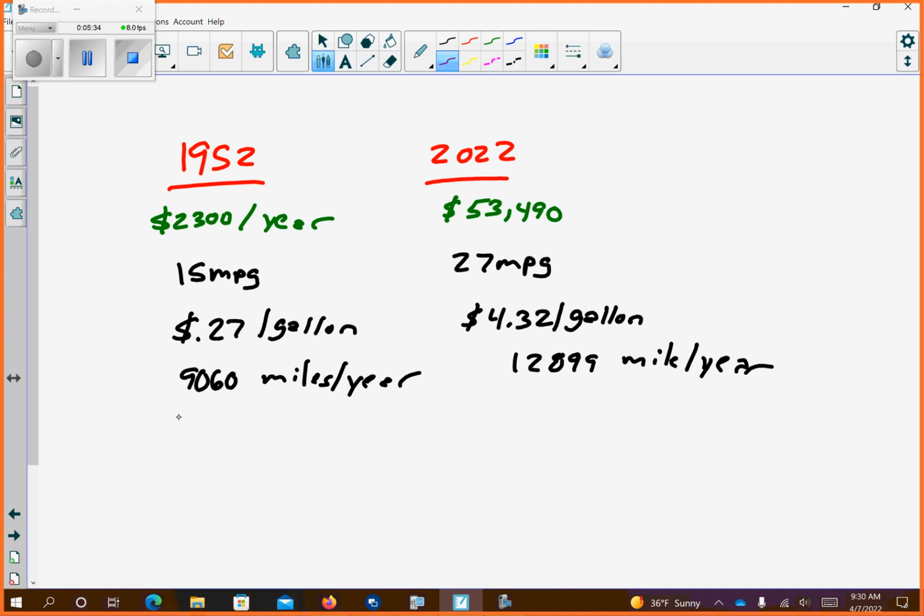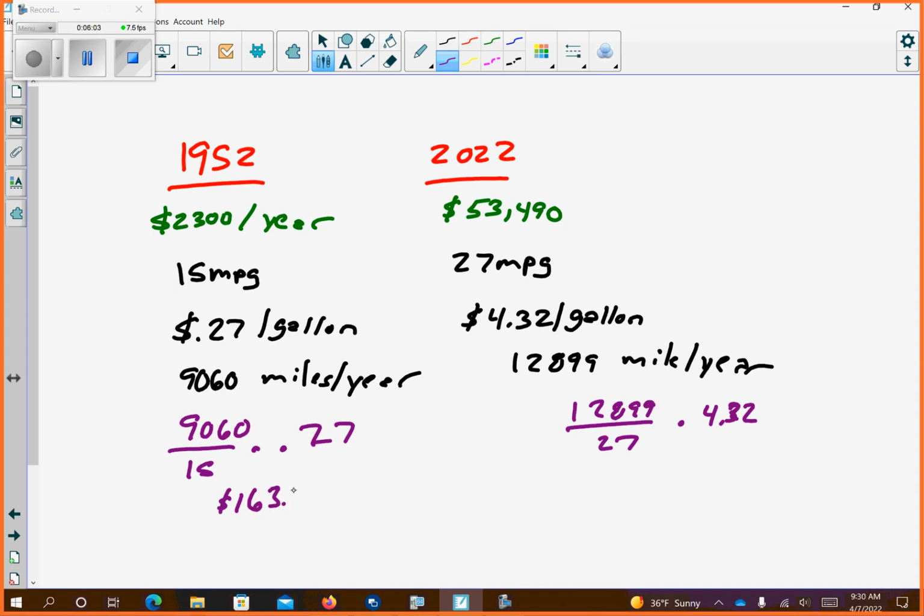So if I decided to do this, I know that 960 divided by 15 times 0.27 was the cost for the gallons, and this one was 12,899, the number of miles driven, divided by miles per gallon times the cost per gallon. So these guys would have paid $163.08 every year for their gasoline.